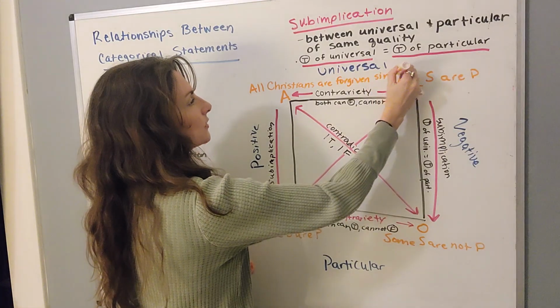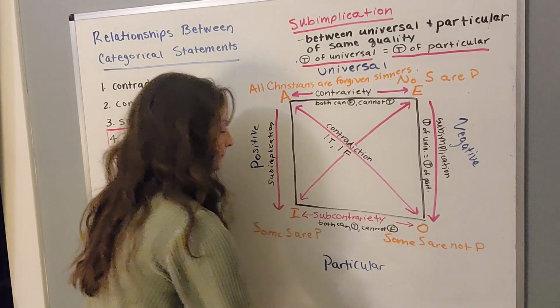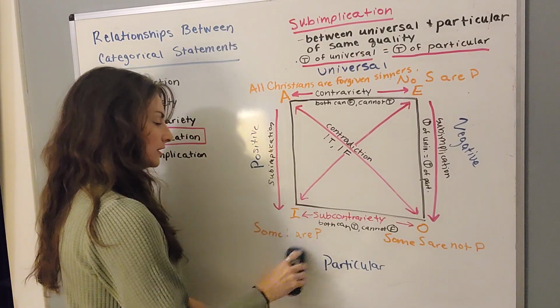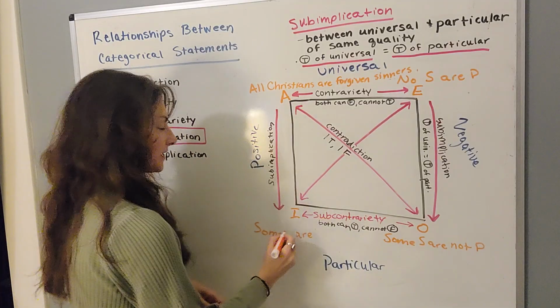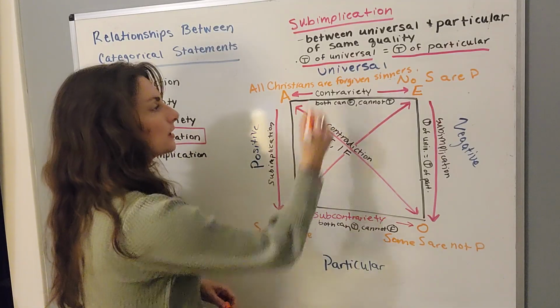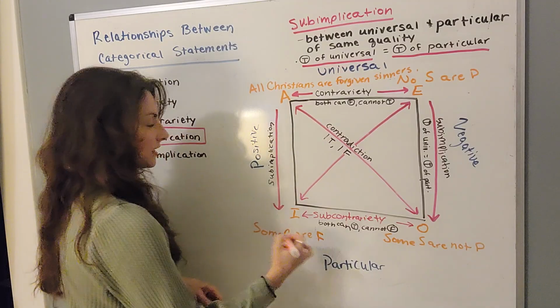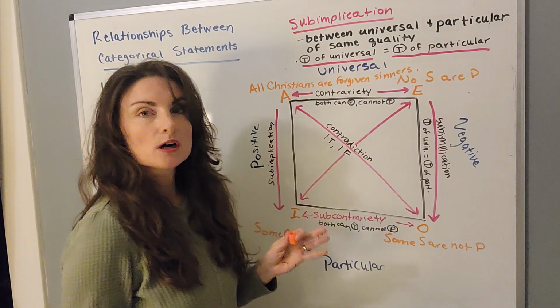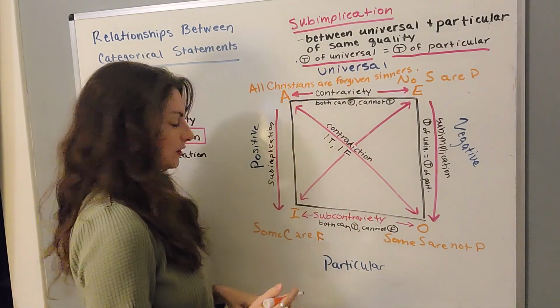This is a very long one. You see how sometimes these get really long? What we can do is just abbreviate. So down here, I'm going to abbreviate Christians as C, "Some C are F," and forgiven sinners as F. But still, we're talking about the same subject class and predicate class in both.